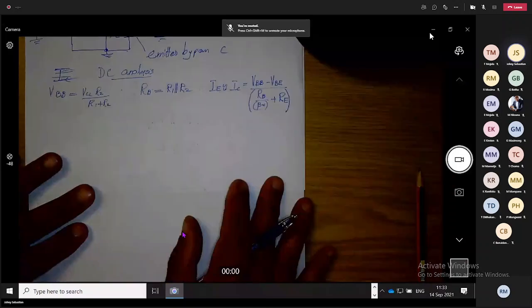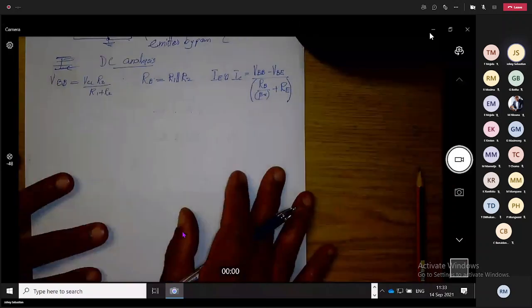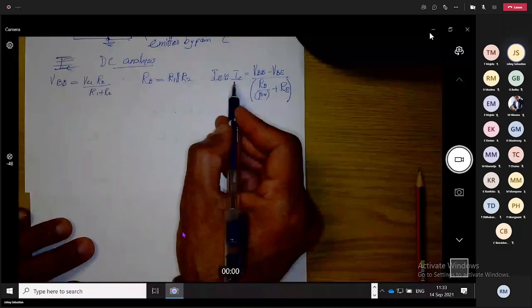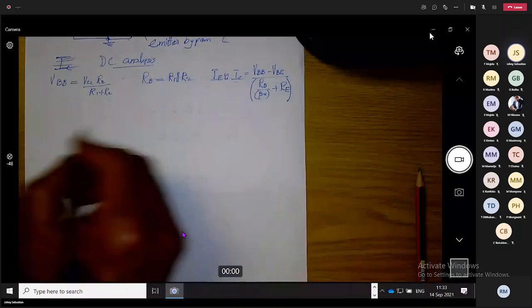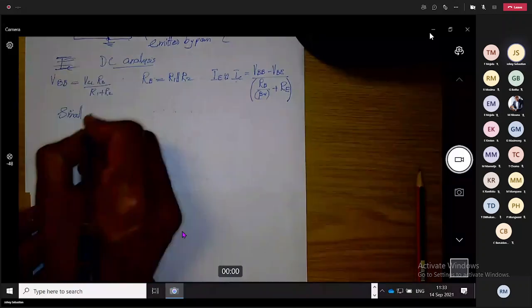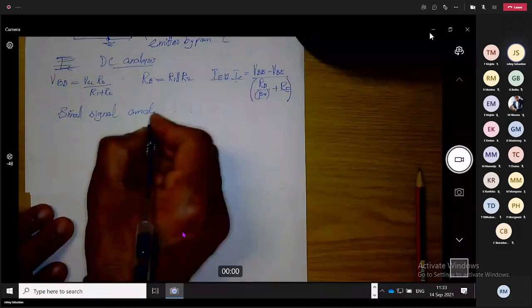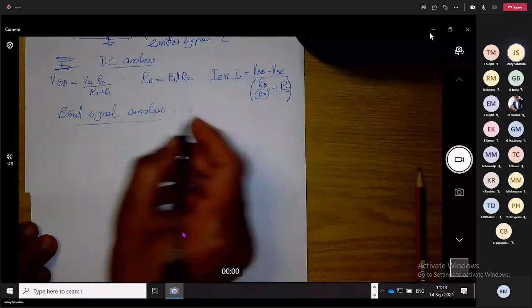Now we found IC. Once you find IC, we know what to do. That is small signal analysis. First, from IC, you find GM. Then you find R pi.